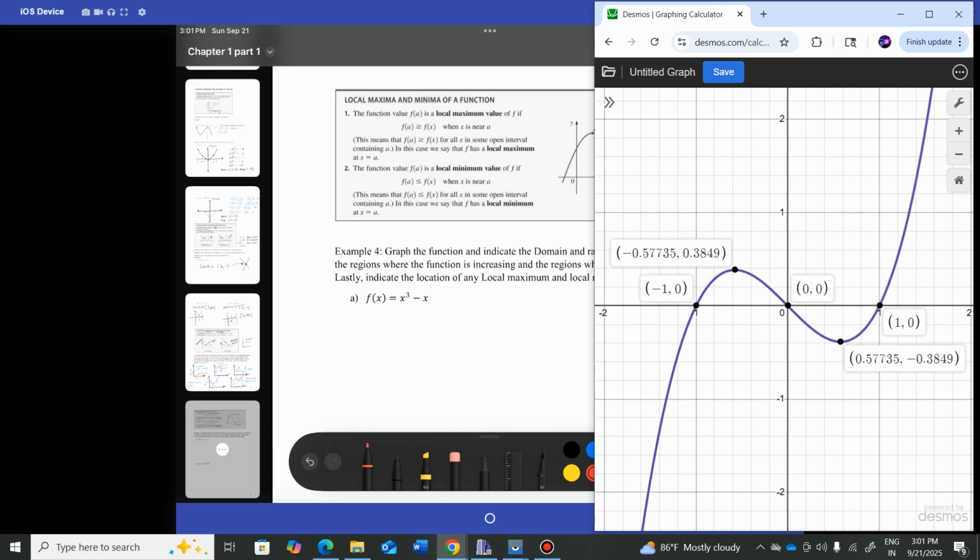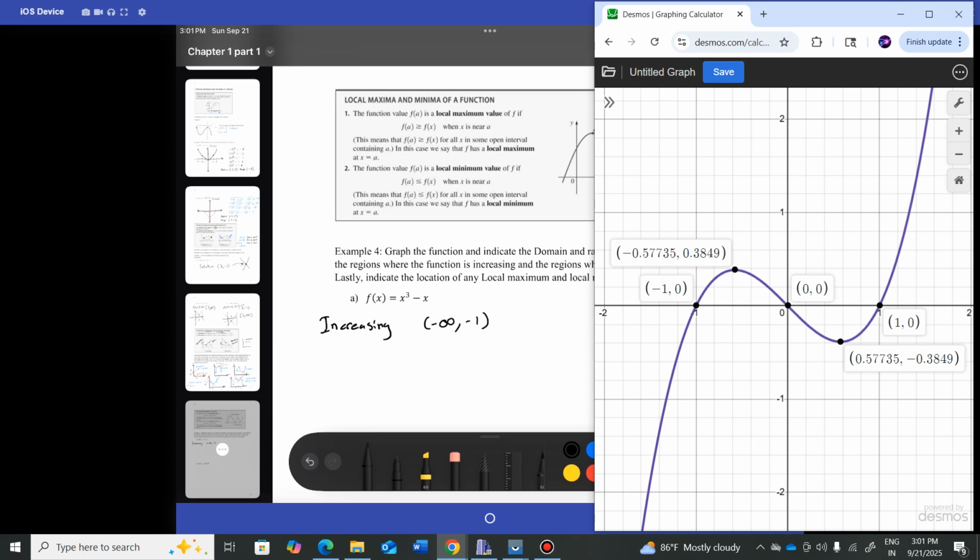And so we can say here, this graph is increasing. I'm going to do a different color. Increasing from negative infinity to negative 1. And this is this section here.